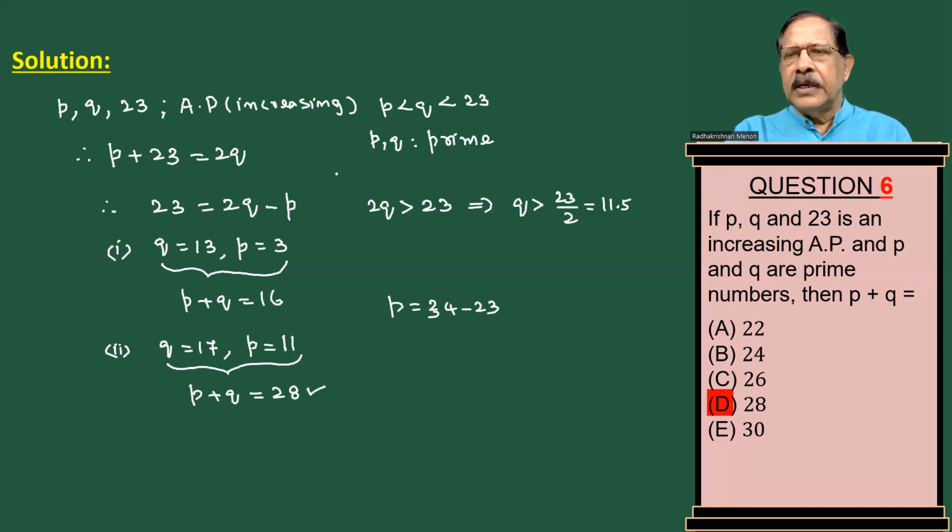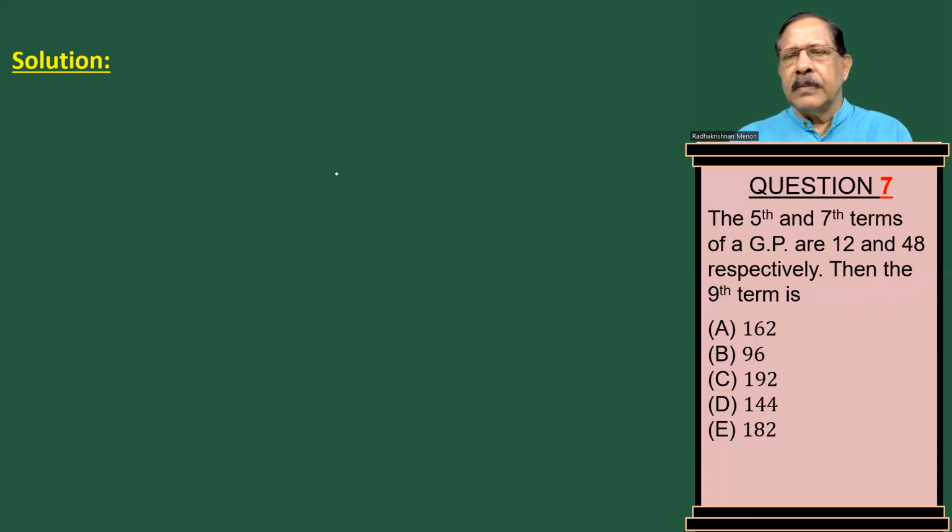Now let us go to the next question. Fifth and seventh terms of a GP. Let us consider the terms in GP: A, AR, AR squared, etc. Now, the fifth term, A5, is A into R raised to 4, and it is given as 12.